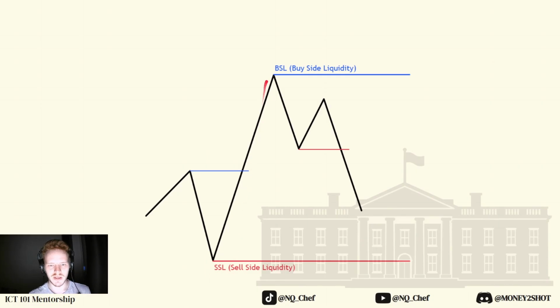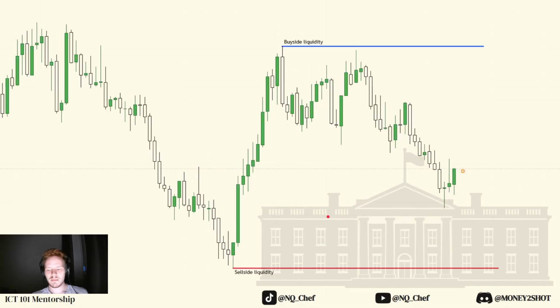On the other hand, we can have a high and we can trend downwards, and we're ultimately going to be building up buy side liquidity there. And realize how I also showed these two, this high here and this low here being taken out, but that doesn't mean that's the objective of either the buy program or the sell program. We can have highs and lows being taken out, but that not be the target.